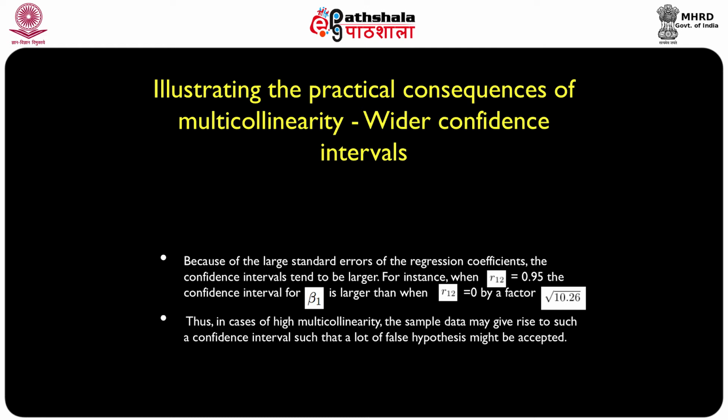Comparing it with r12 equals 0, where x1 and x2 are not related at all, the confidence interval for beta 1 is larger in case of r12 equals 0.95 than when r12 equals 0 by a factor of square root of 10.26. Thus, in case of high multicollinearity, the sample data may give rise to such a wide confidence interval that a lot of false hypotheses might be accepted.